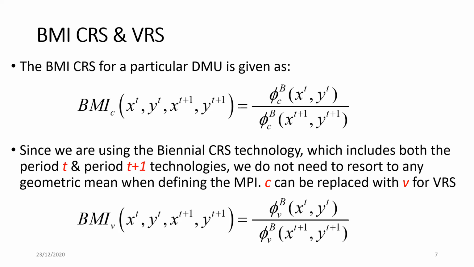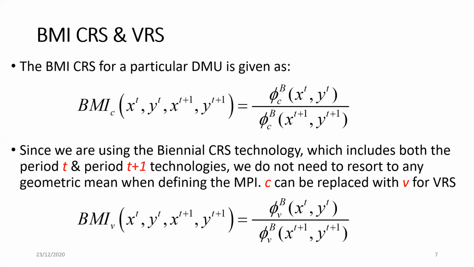So we now have one technology, and so we don't need geomeans when defining the productivity index. The only difference between the biennial Malmquist for constant returns and for variable returns is the subscript V that you see there.